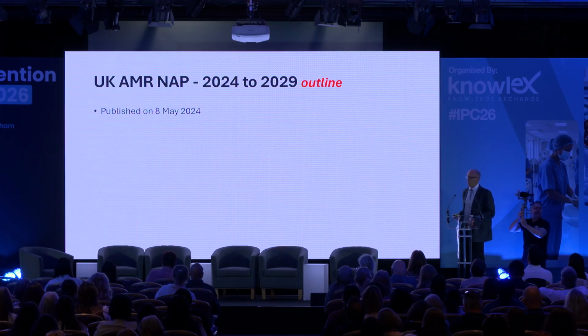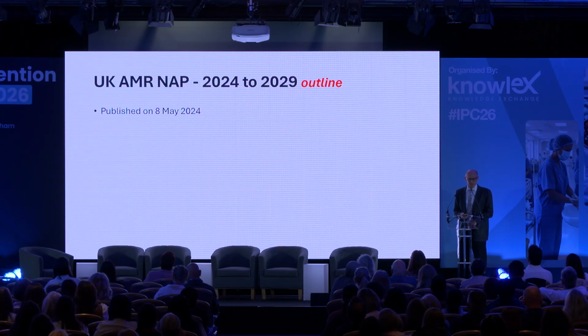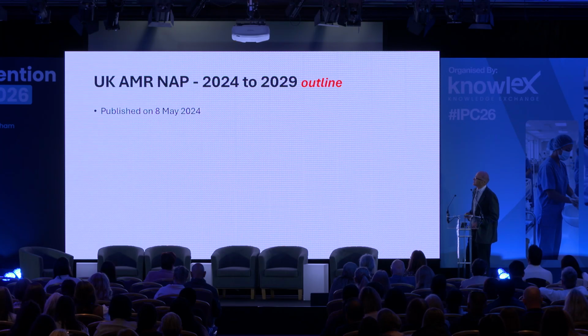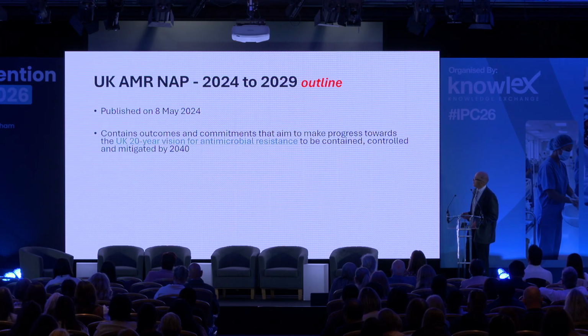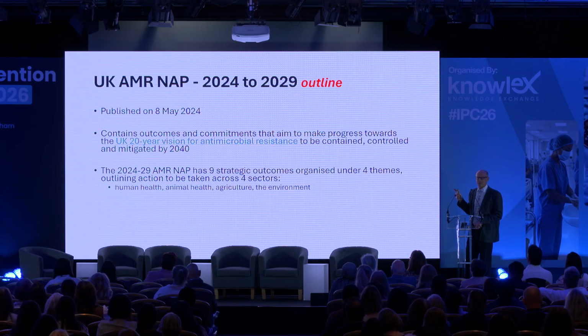One of the responses has been a series of National Action Plans, NAPs for short. And this is the third National Action Plan, published in 2024. I'm not going to read everything on here, but importantly, this is a massive plan.